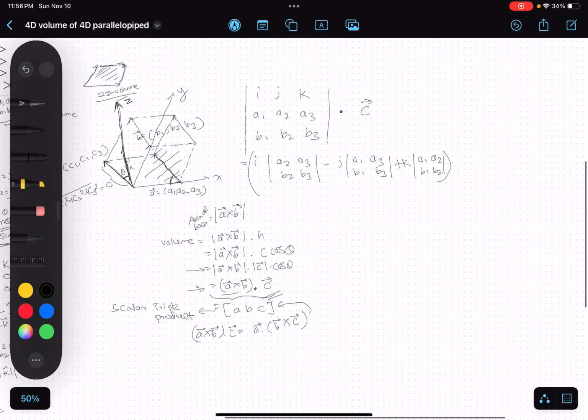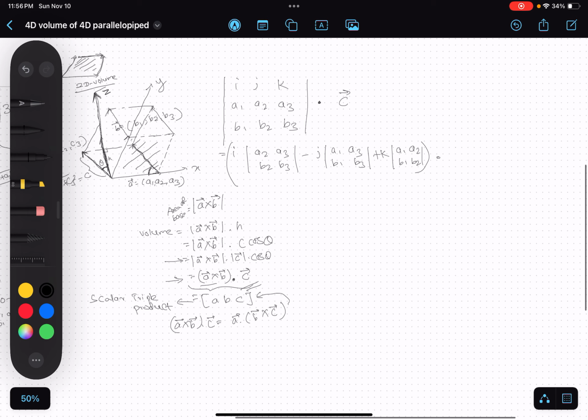And now if I dot it with c1 c2 c3, the c1 c2 c3 will just dot with the previous vector and multiply with it, right? So we will have c1 times determinant of a2 a3 b2 b3.